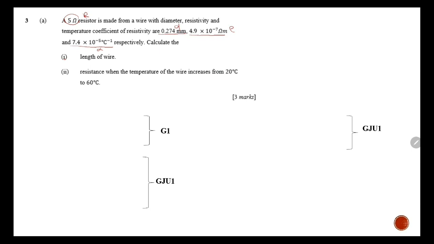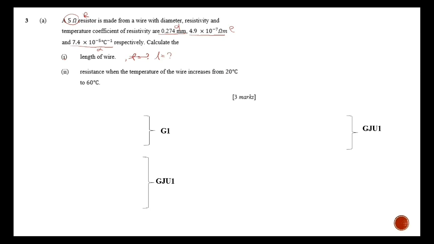Calculate the length of wire, and the resistance when the temperature of the wire increases from 20 degrees Celsius to 60 degrees Celsius.